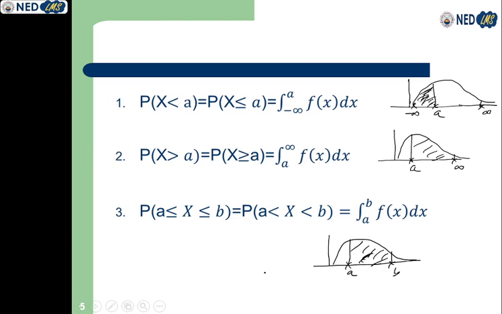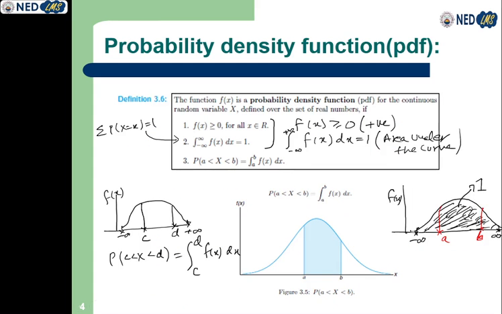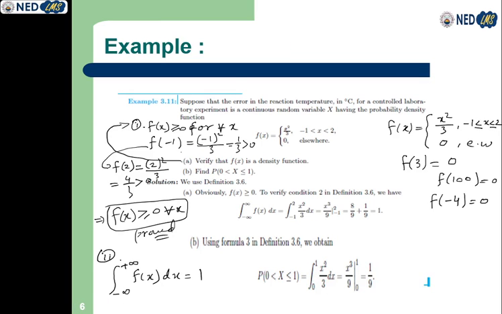This is the second property of a PDF, probability density function. First, f of x is greater than or equal to 0 for all values of x. Second, the area under the curve, the integral, must be equal to 1. Minus infinity and plus infinity stand for the lower limit and upper limit.